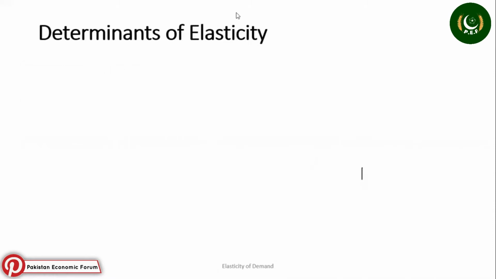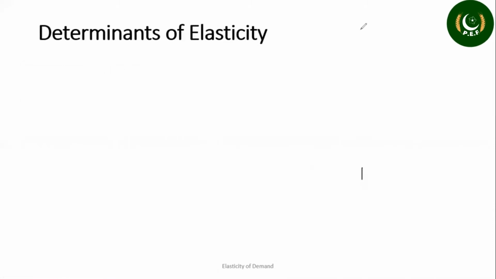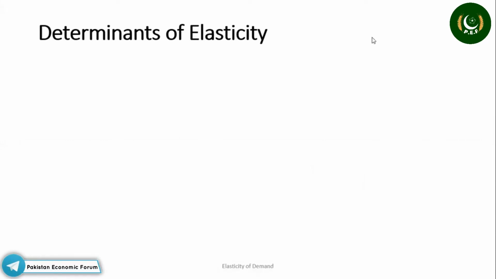Next, we discuss some important determinants of elasticity. The value of elasticity of demand, that is, whether it is greater than 1, equal to 1, or less than 1, depends on many factors. One of these factors is the number of substitutes. If a product is produced by many firms, the consumer can enjoy a number of substitutes.